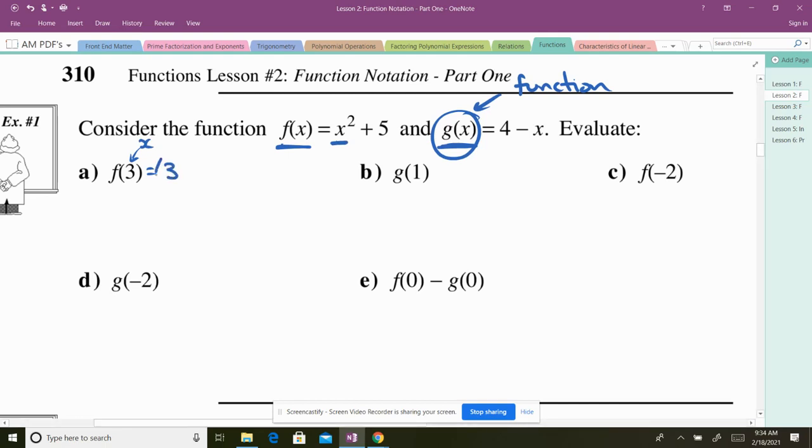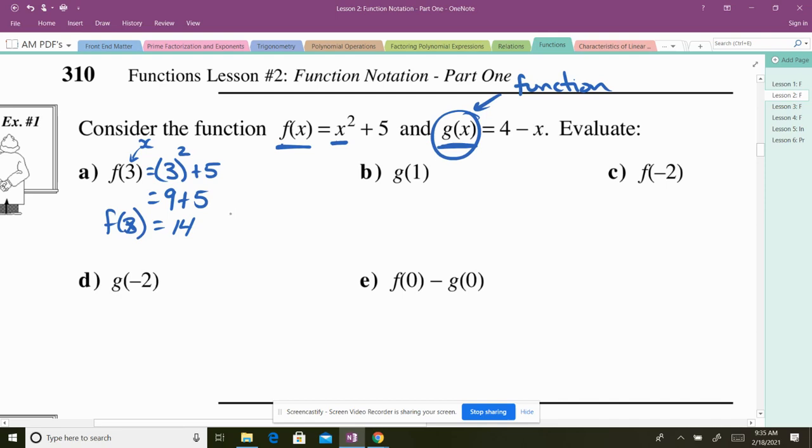So we go 3 bracket squared plus 5. And we evaluate it. BEDMAS would say to do what first? Brackets, then exponents. What's 3 squared? So f of 3 is equal to 14.